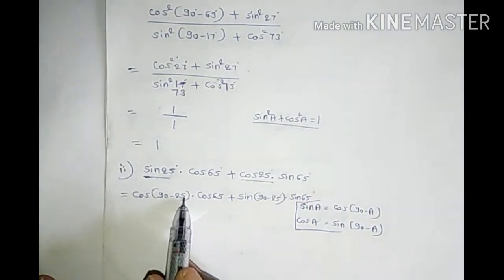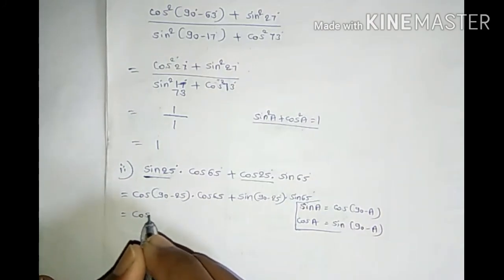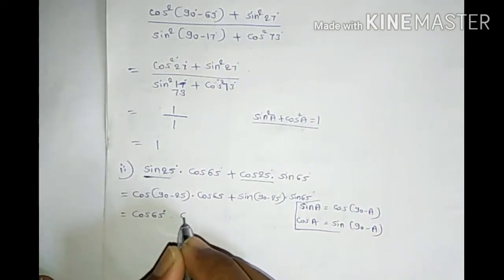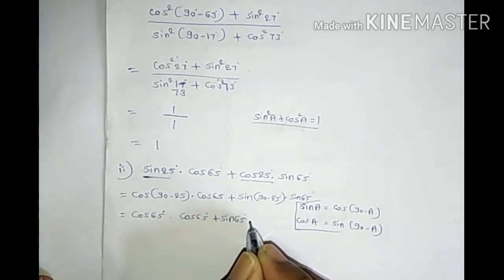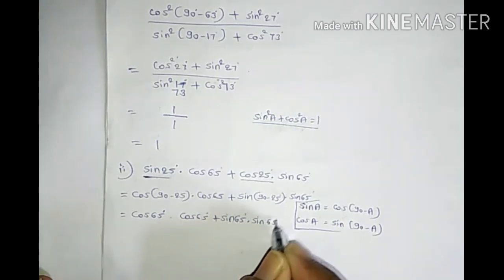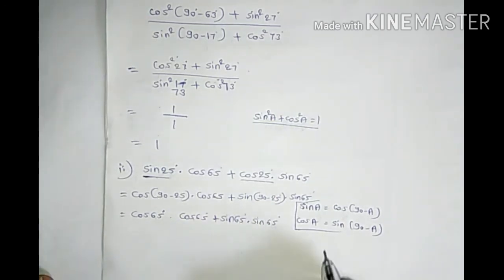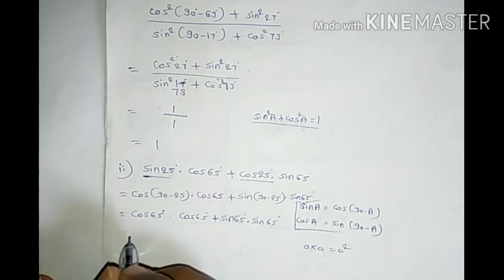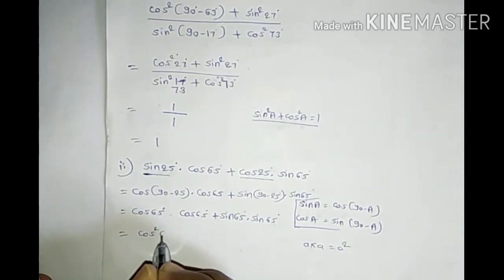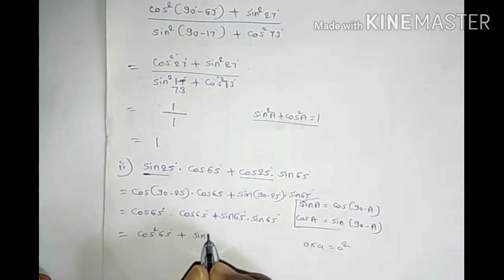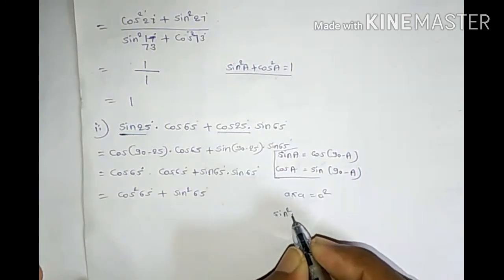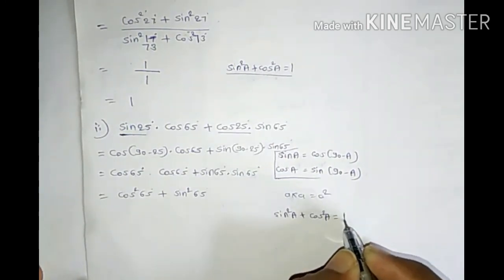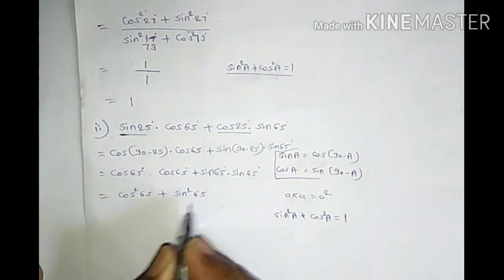Subtract 90 minus 25, it becomes cos 65 into cos 65 plus sin 65 into sin 65. Multiply these two, A into A equal to A square, like that. It becomes cos square 65 plus sin square 65. This is in the form of sin square A plus cos square A equal to 1. So the answer is 1.